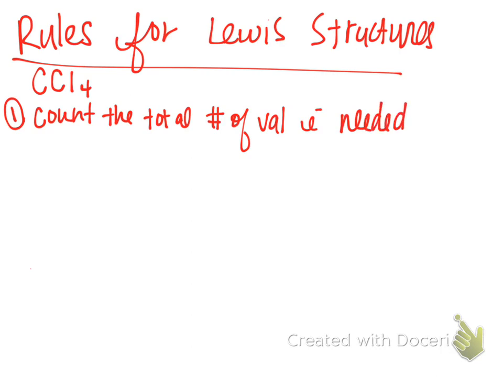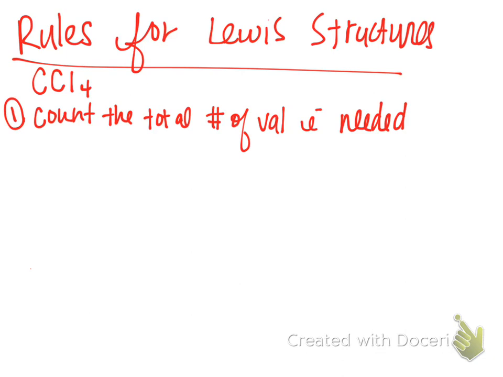needed. Okay, so just like we did with our fluorine molecule, we said each fluorine contributes 7. So in our structure, there had to have been 14 electrons represented there. And we counted them, and we found 14. We're going to do the same thing for this example. So for carbon tetrachloride, why don't you go ahead and count how many valence electrons we might need to have.